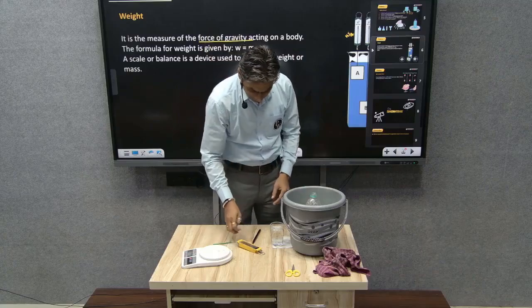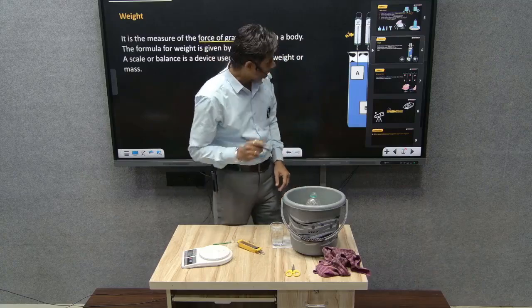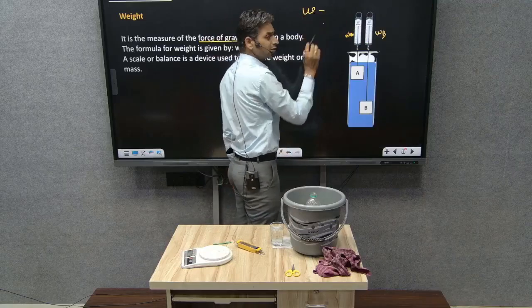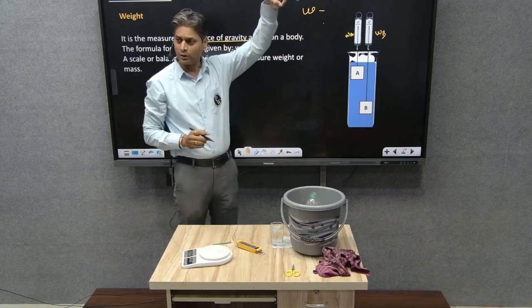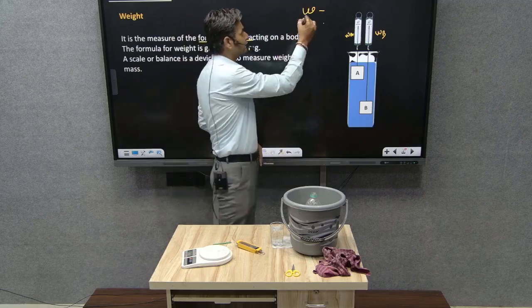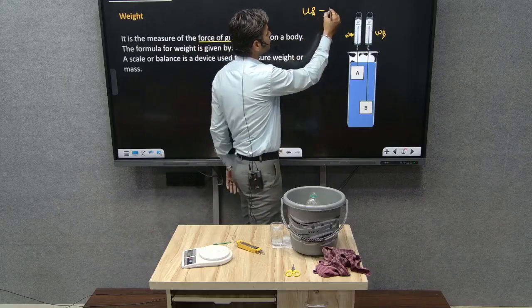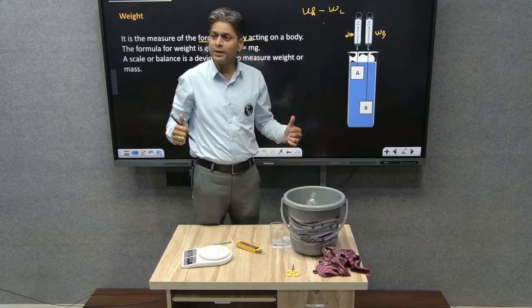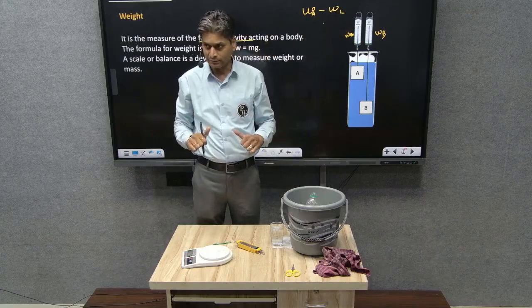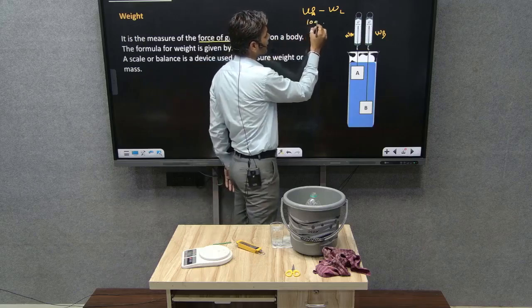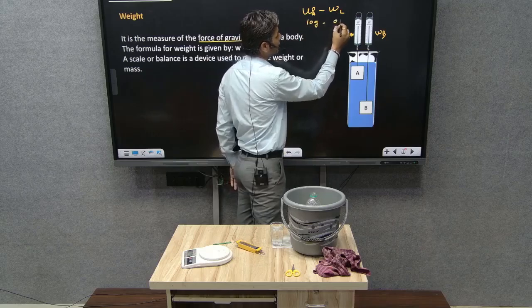How to measure the buoyant force? For measuring it, we measure the weight of the substance in air and the weight of the substance in liquid, and we take the difference. Suppose in the first case the weight of the substance is 10 gram, and here 9 gram.